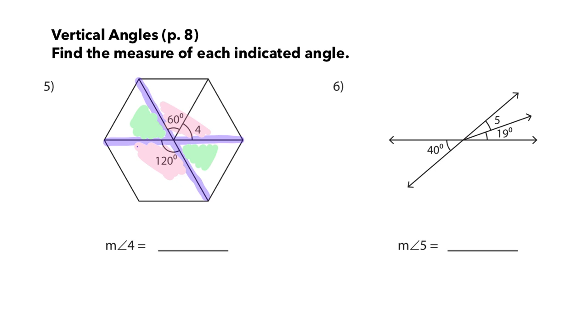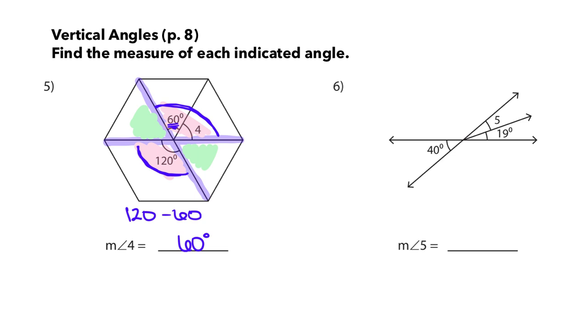Because in pink, you have this angle here that I marked in blue, right? You have this angle here that's been marked in blue. Those two things have to have a total of 120. This part's only 60. So 120 minus the 60 is telling you that angle 4 is still 60 degrees.